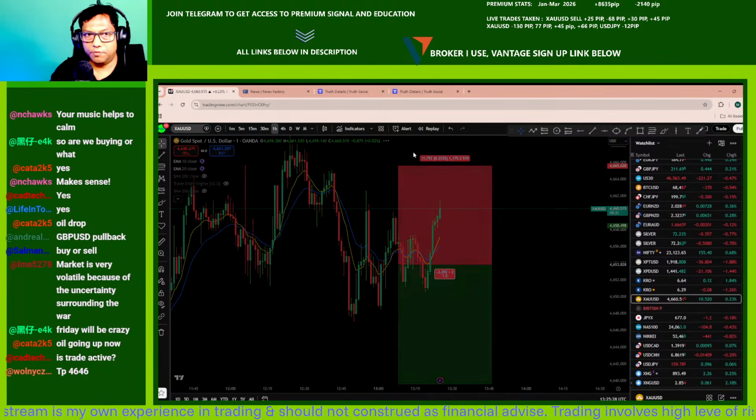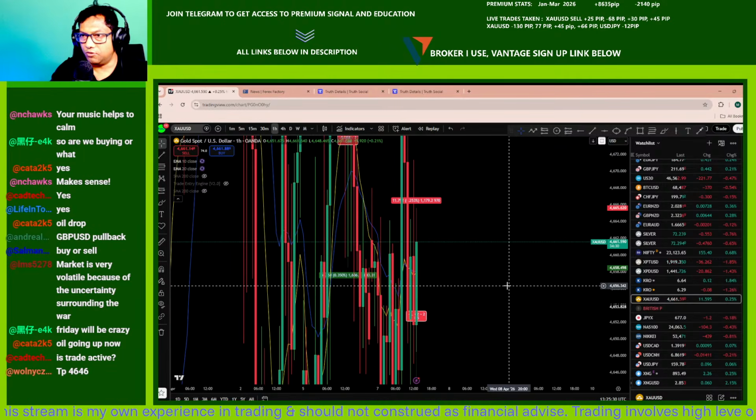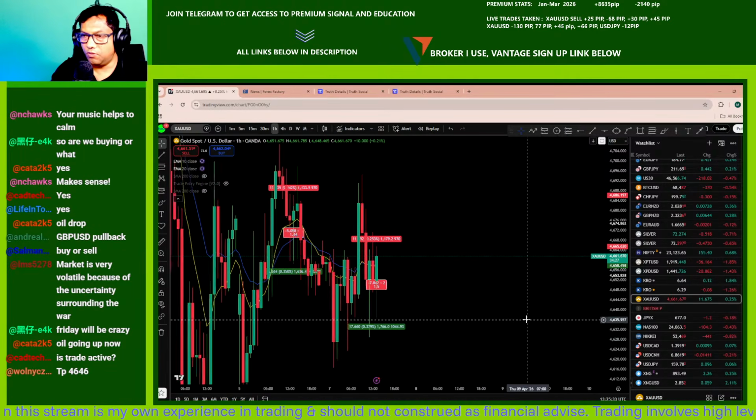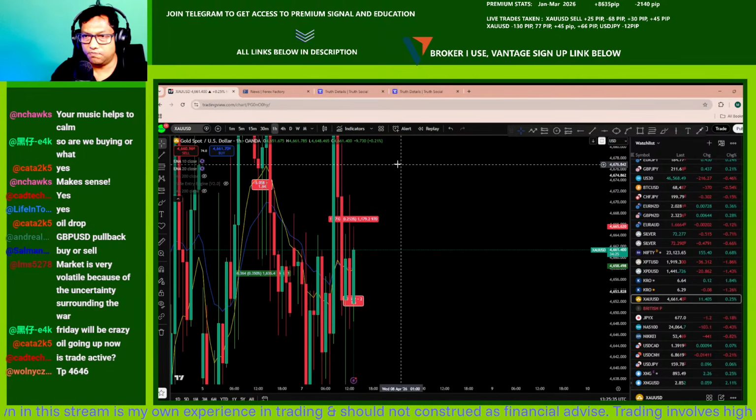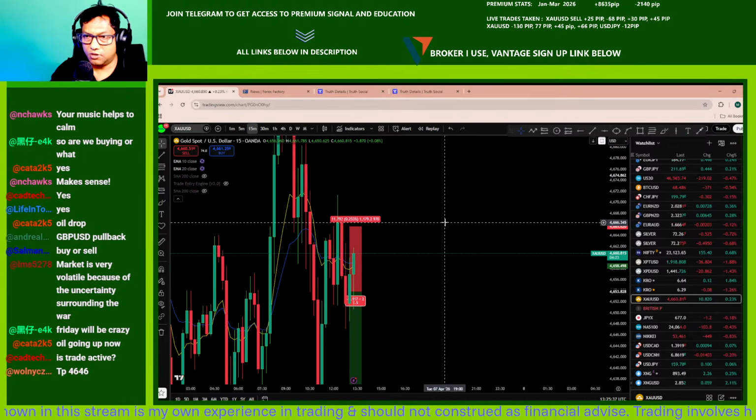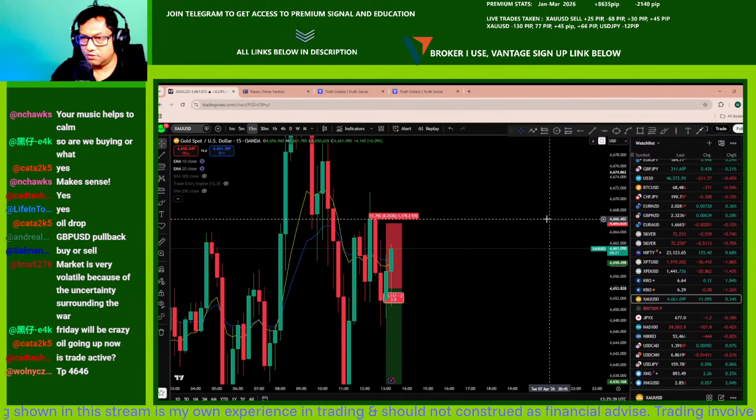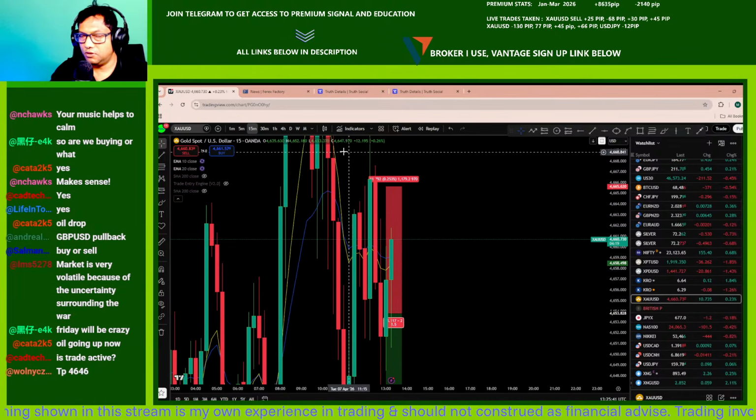Okay, so is this a false breakout? Let's say that this is a complete sideways market, so it is not unusual to see a large false breakout.